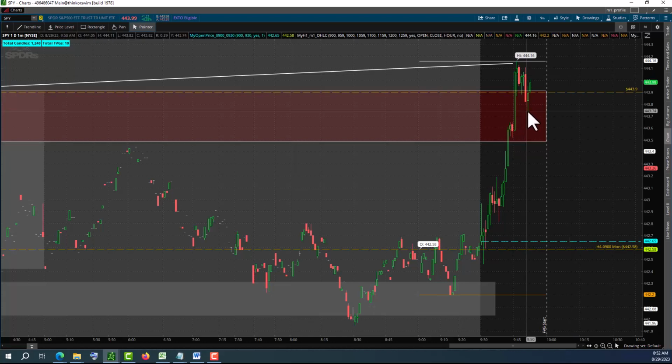So this is the retest for this paragraph here, right? So that's a long setup. Let's see how it goes up.